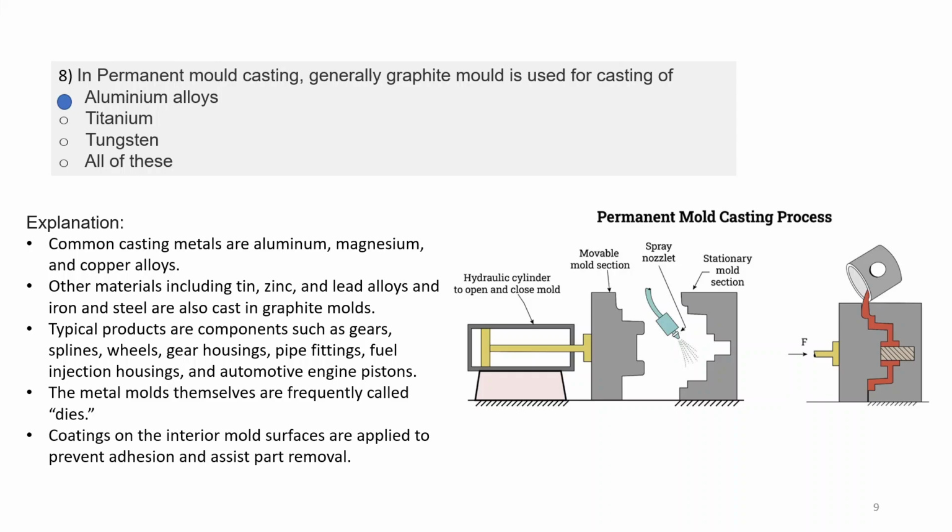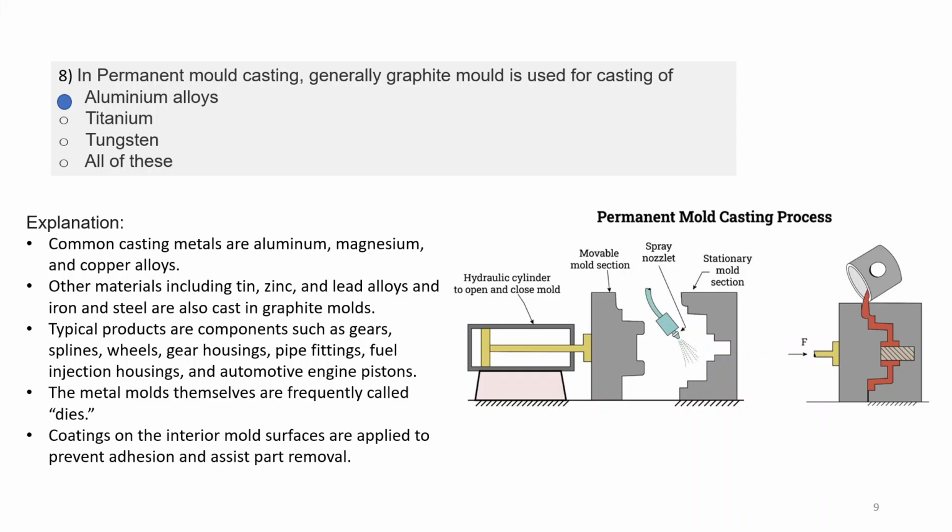In this question you have to find out which metal will be suitable for permanent mold casting. For permanent mold casting, you choose metals and alloys which have low melting temperature.